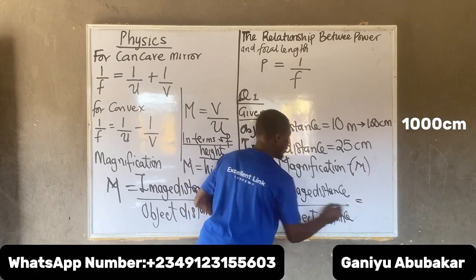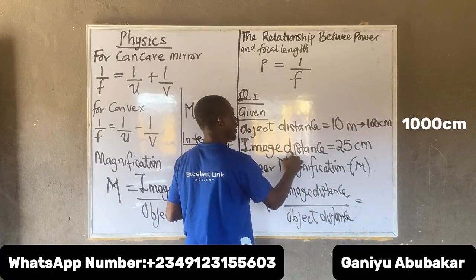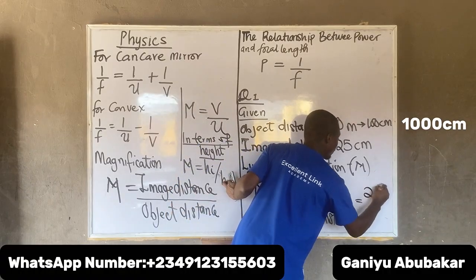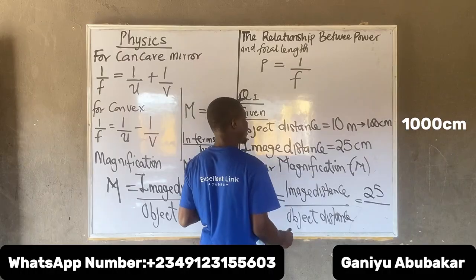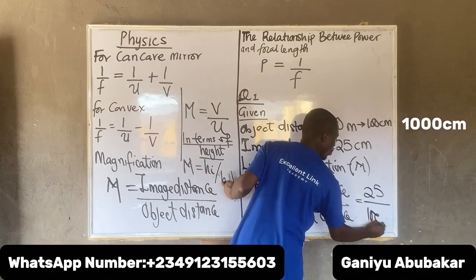Image distance is 25 cm, over object distance, which is 100.